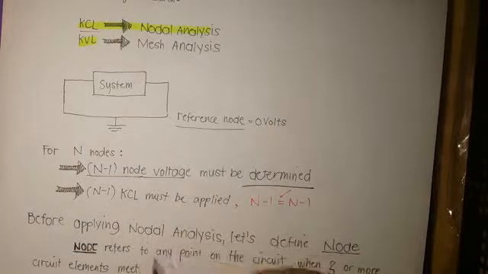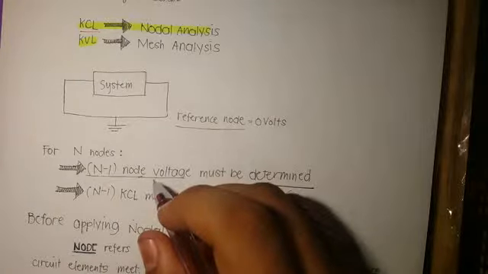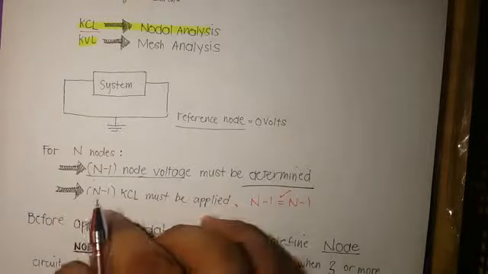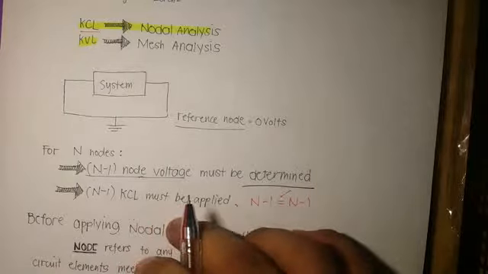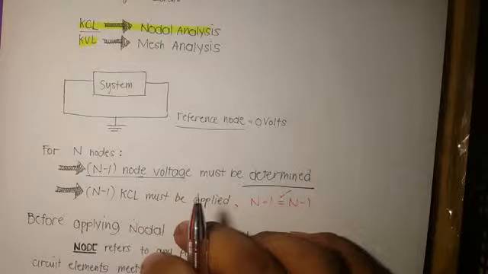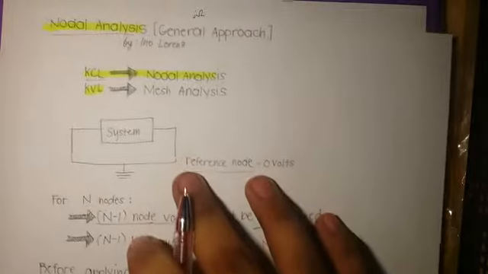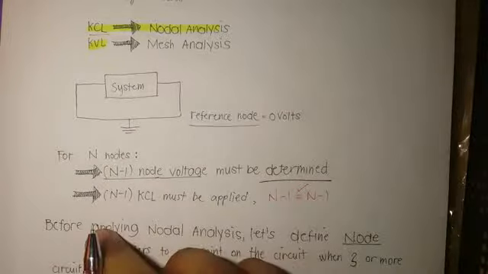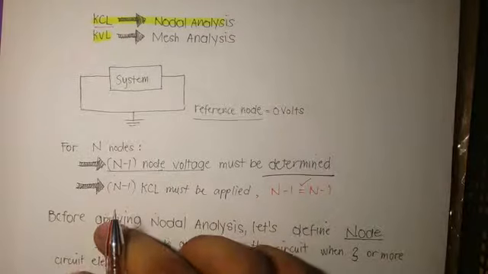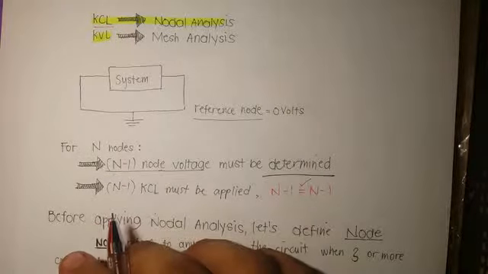In other words, the number of equations required to solve for all the nodal voltages of a network is 1 less than the total number of independent nodes. Since each equation is a result of an application of Kirchhoff's current law, Kirchhoff's current law must be applied n-1 times for each network.